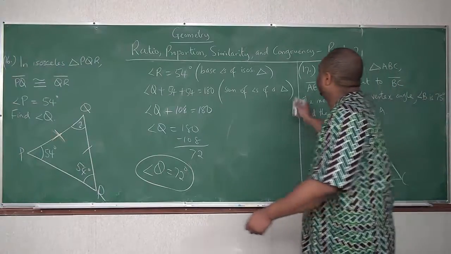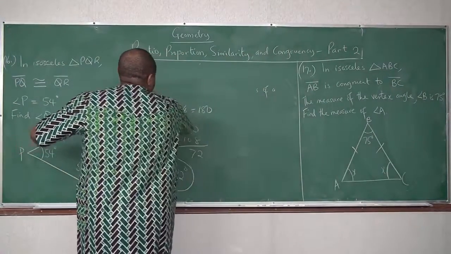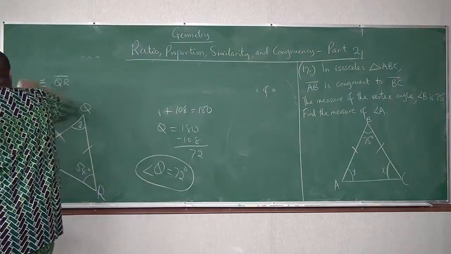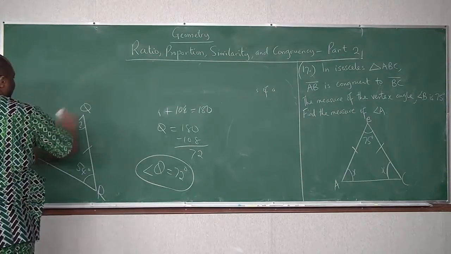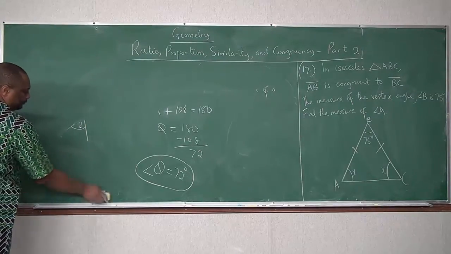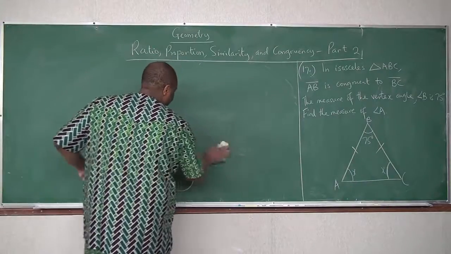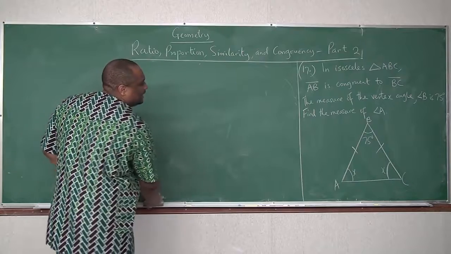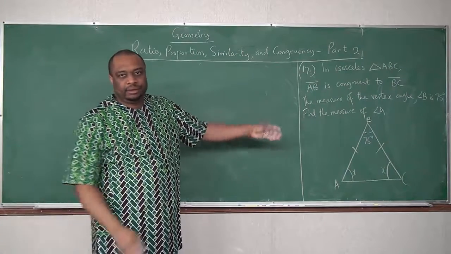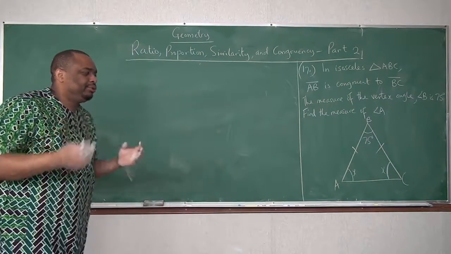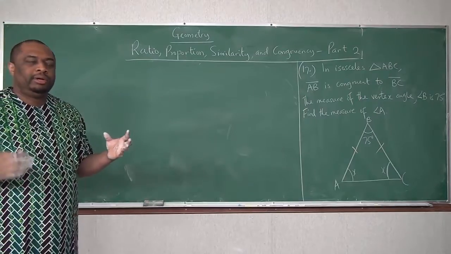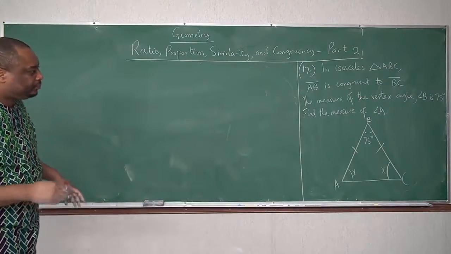So the same way we've done the rest. You see, they like asking it a lot. And in this case, they did not draw it for us. You should be able to draw the triangle if they did not give it to you.